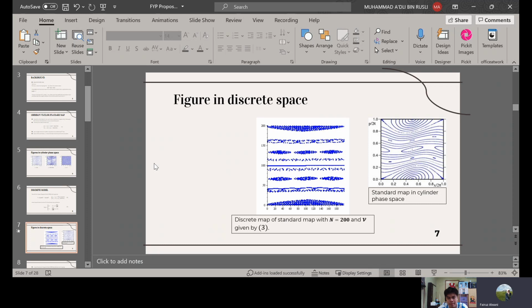Okay, yang ni gambar dia untuk discrete space. Cuba tengok, bagi tahu island dekat discrete case ni dia ada berapa banyak island. Yang first tu parabola tu satu kan, kalau kita tangkup dia jadi satu island yang besar, betul tak? Tengah bawah sekali.